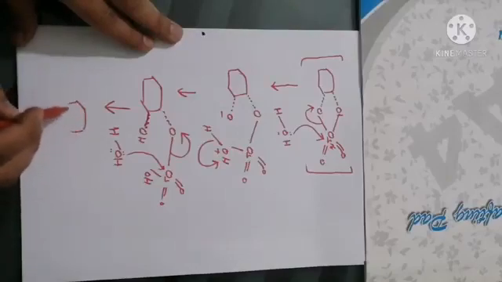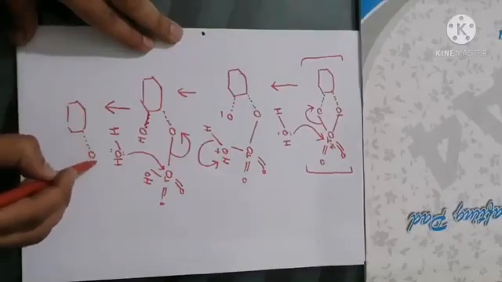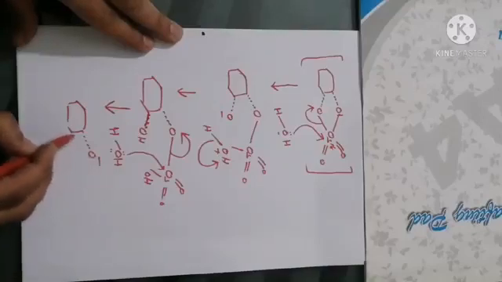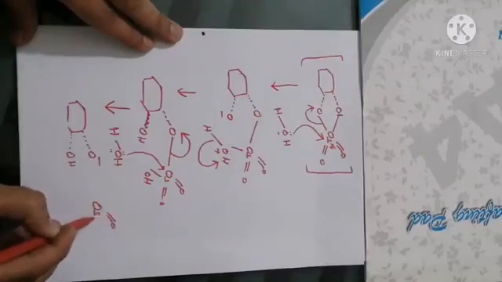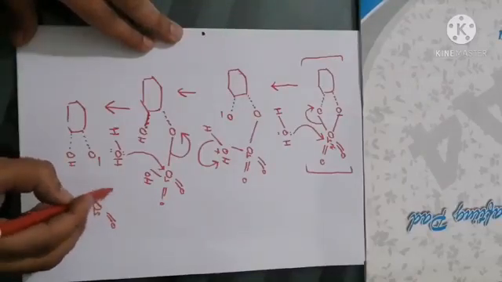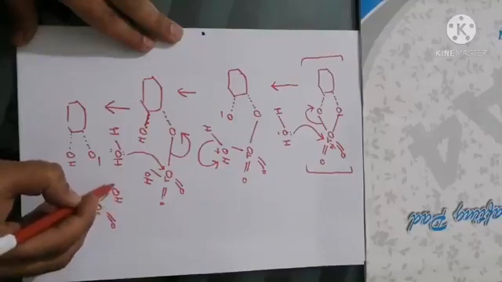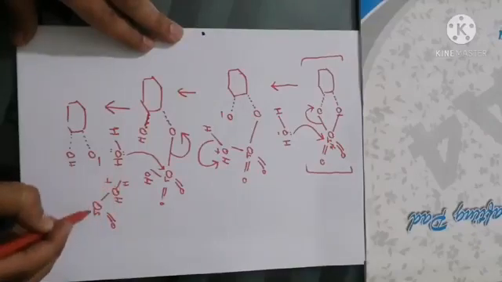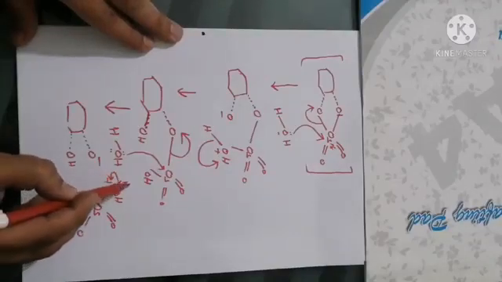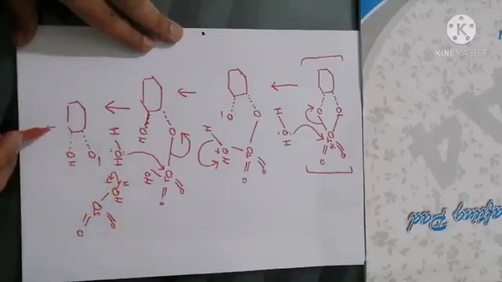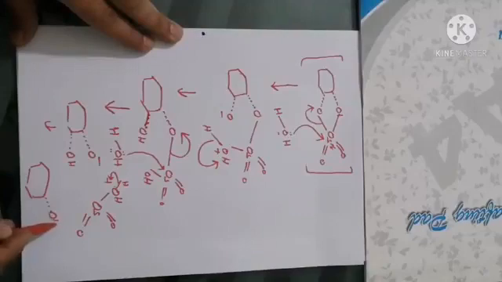We will get this, and then there will be the shift of this proton to this oxide, and finally we will get this diol. And here two hydroxyl groups are on the back side of the ring.